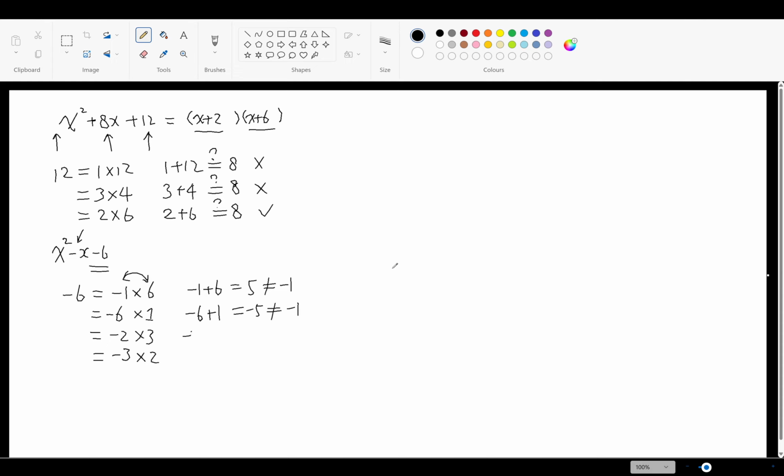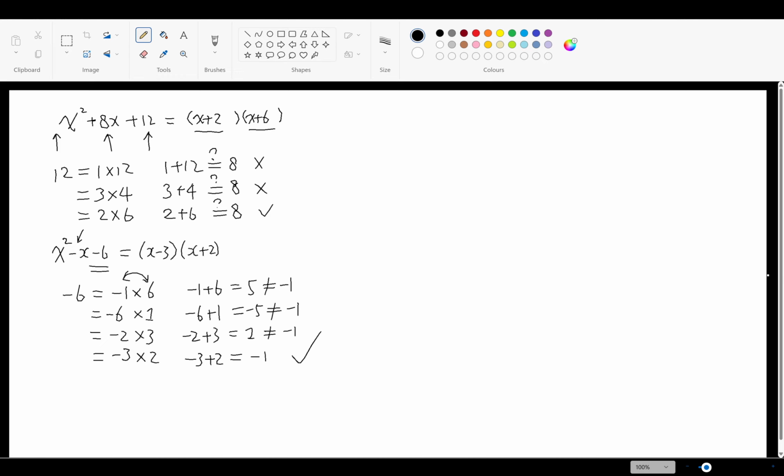We got minus 2 plus 3, which is 1. Doesn't equal minus 1. And then we got minus 3 plus 2, which is minus 1. So that's the answer we are looking for. So we can factorize this quadratic expression as x minus 3 multiplied by x plus 2. And you can check this is correct.